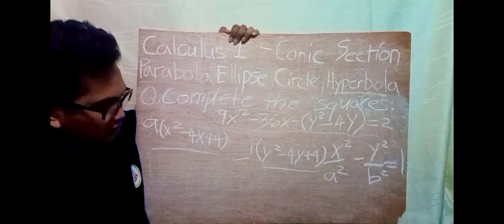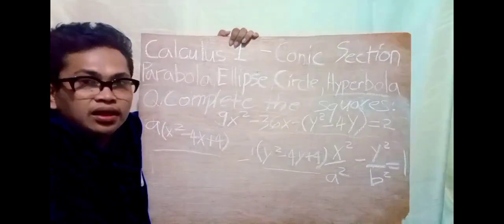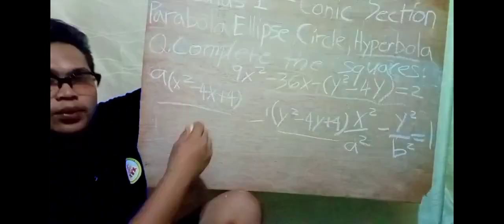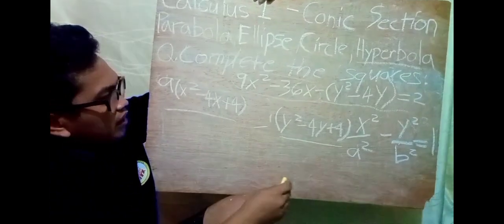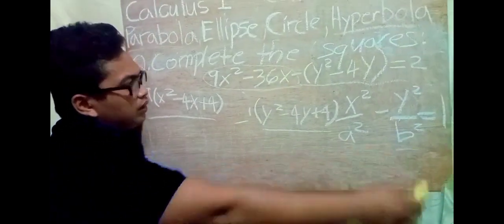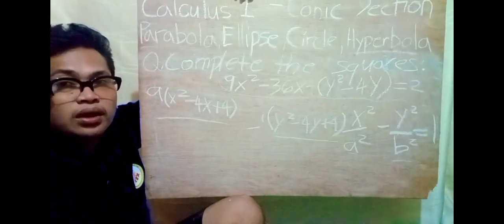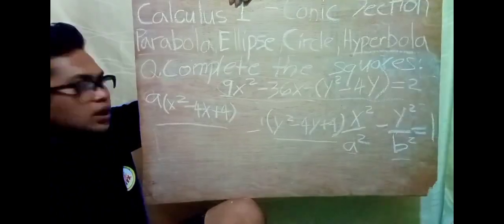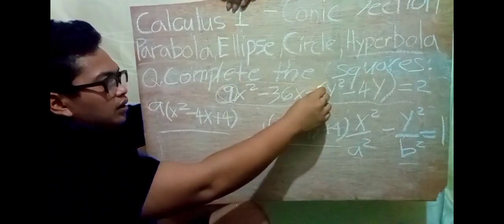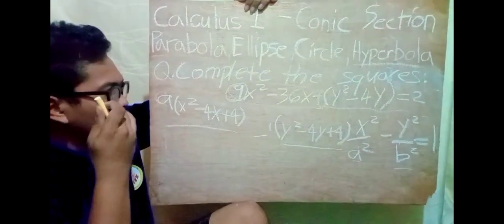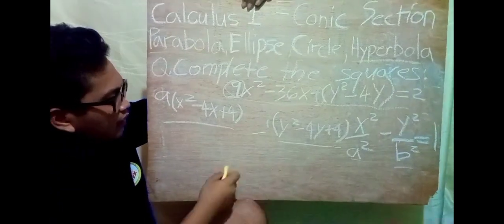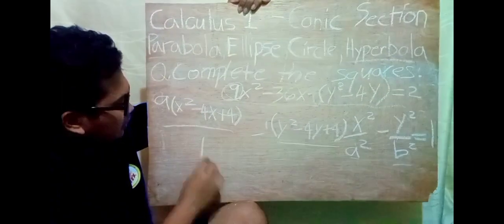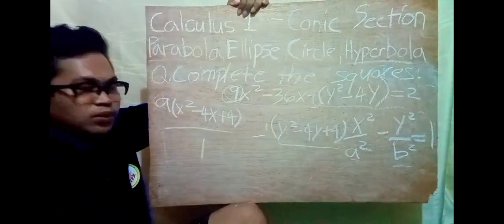So now we have perfect squares. We need to identify what is outside, which is the 9, and multiply it in. 1 times 1 is 1.